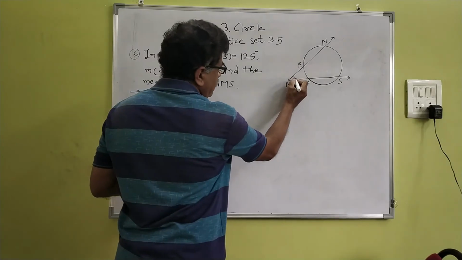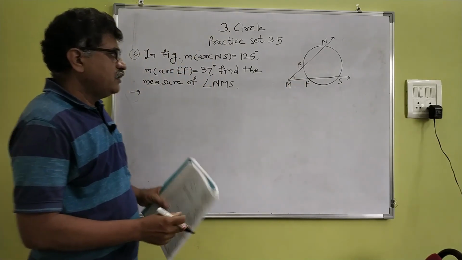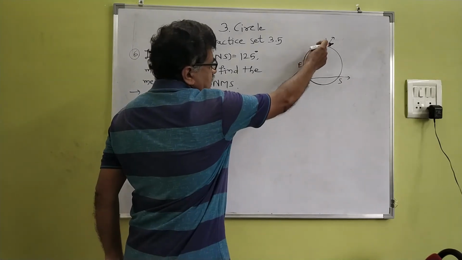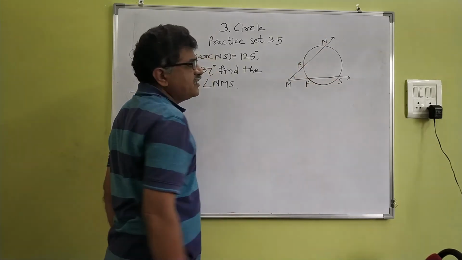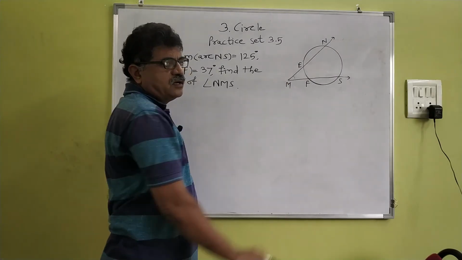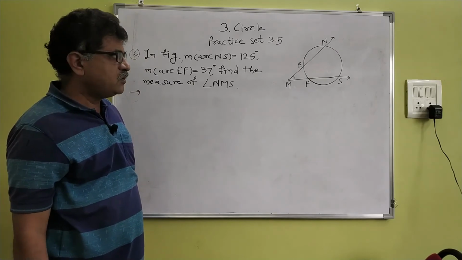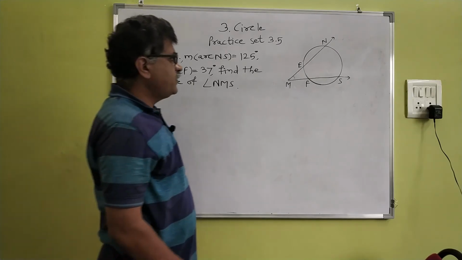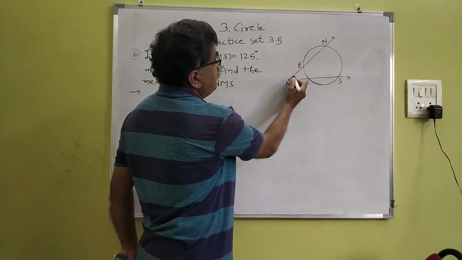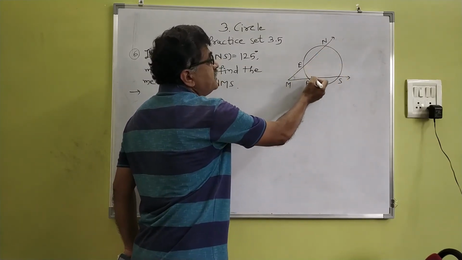Here chords EN and FS intersect each other outside the circle. And we know that when two chords intersect each other outside the circle, the value of this angle is half of the difference between these two arcs.